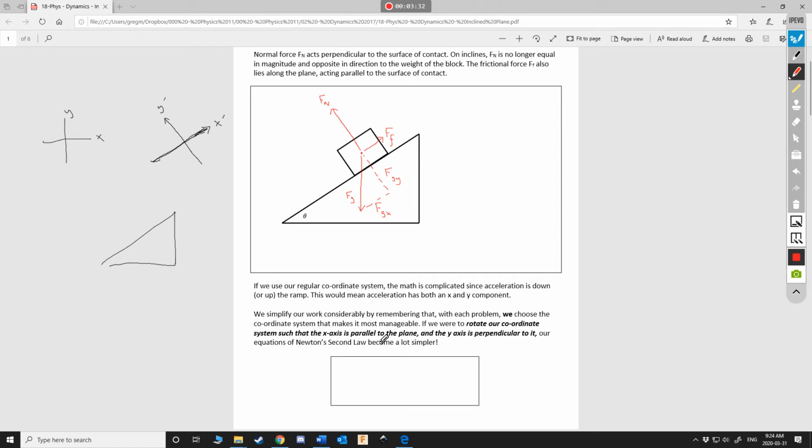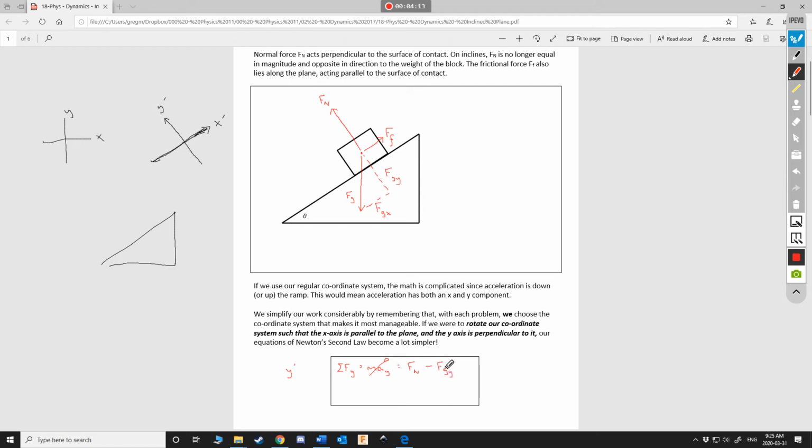So when we actually write out our equations, we have forces in the x and y direction. The sum of the forces in our y prime direction is equal to mass times acceleration in the y direction. This is equal to 0, because we know this thing's not going up and off the ramp or through the ramp. We can see that Fn is going in the positive y prime direction, and the only other force in the y prime axis is the y component of the force of gravity.